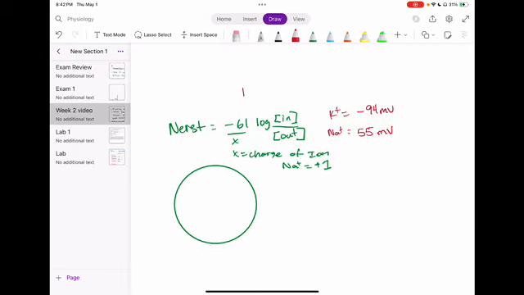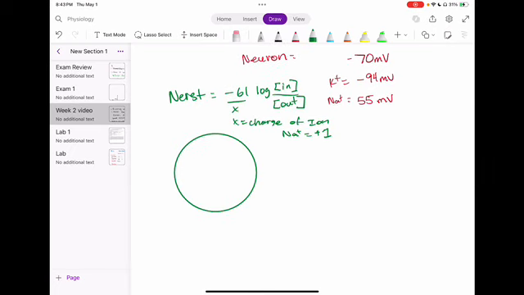And a normal neuron sits at -70 millivolts. So we can think about this and explain it as pertaining to the cell.